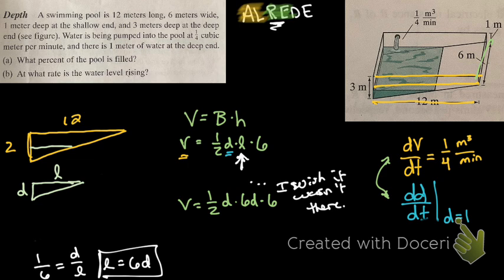Okay, so that really means that the volume, if I rearrange everything, is 18D squared, right? Okay. Do I have a relating equation yet? Absolutely. I'm relating my volume and my depth, the things that I'm interested in.